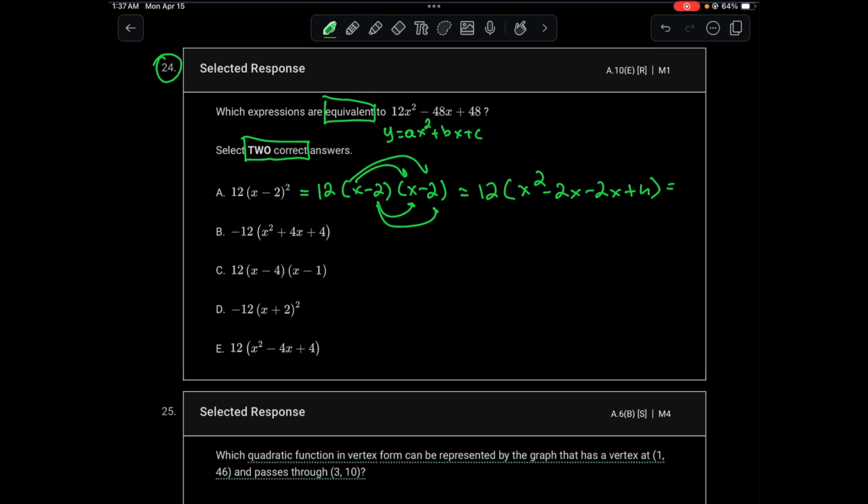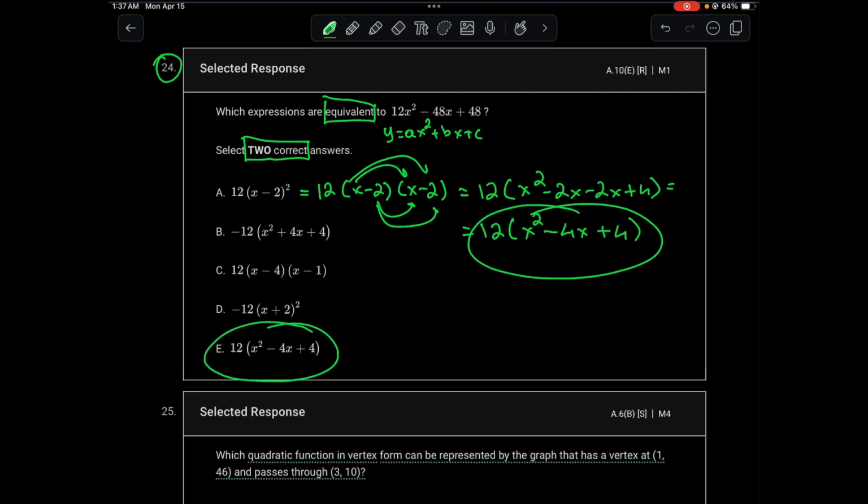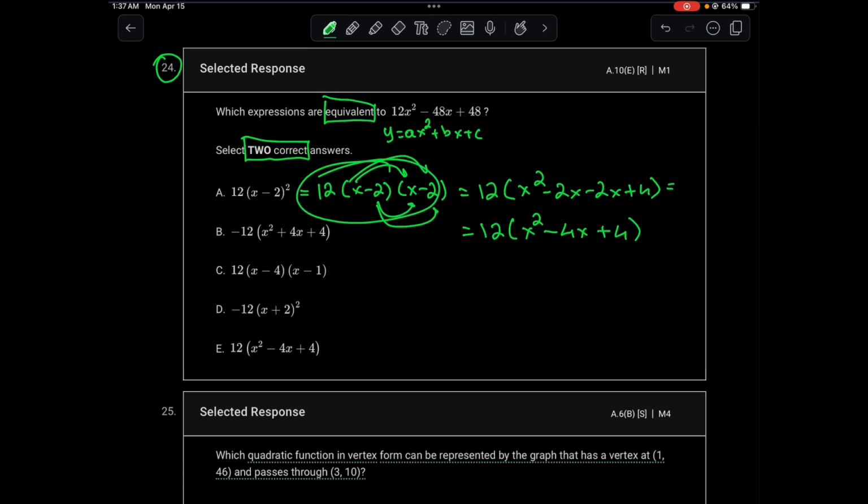And immediately you see one more step, then you have 12x squared, negative 2x, negative 2x, those are like terms, they can combine to negative 4x plus 4. Immediately you see that this is the same as that, so it's part of converting it, and I go from one equivalent to another equivalent. Like in a sense, this is also equivalent to my given function, this is equivalent to my given function, and so on. But what do I do next?